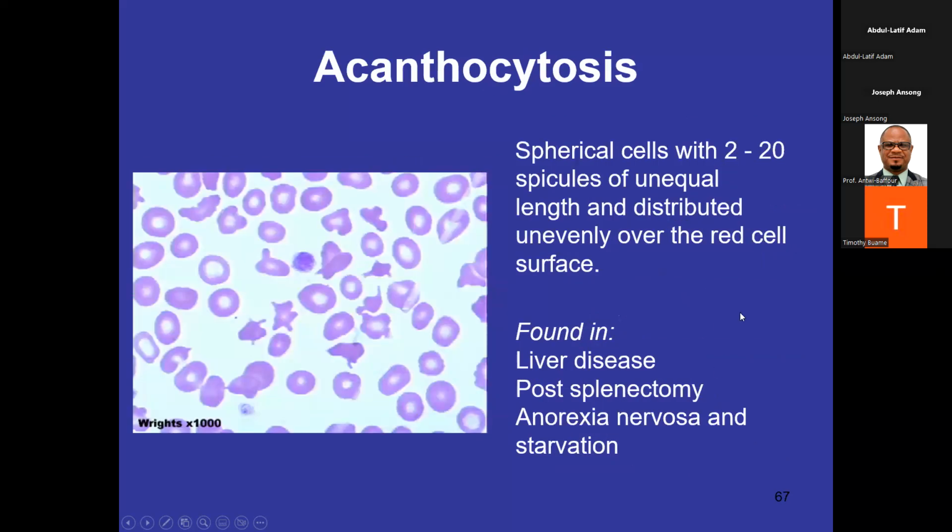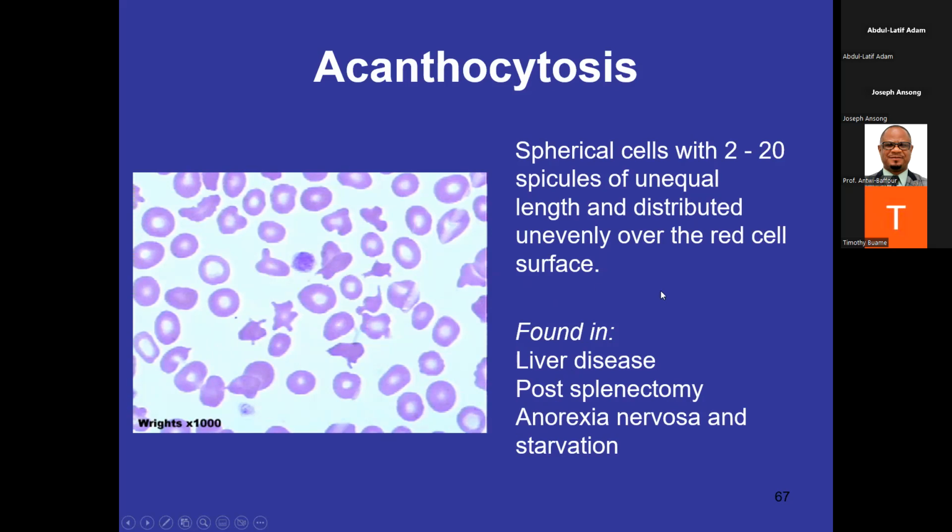Then we have acanthocytosis, spherical cells with 2 to 20 irregular projections of varying length. So acanthocytes have spikes on the red cell. We find them in liver disease and after splenectomy, when the spleen has been removed. Because the spleen would normally remove cells like these, when you see them it's likely the spleen is not functioning or not there.